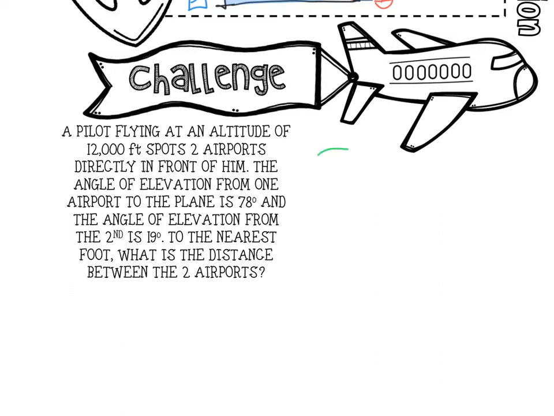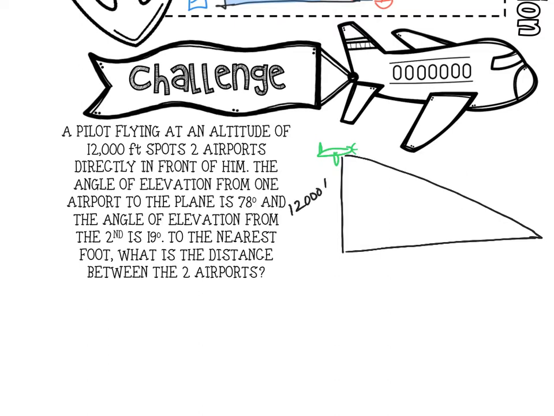Alrighty, so here's my plane. Again, don't judge. And we have a couple triangles. We have one triangle here. So that's my furthest airport, and he is 12,000 feet in the air.